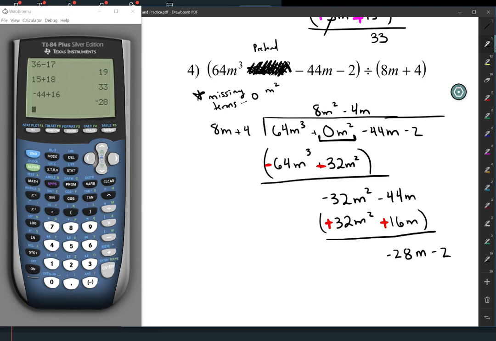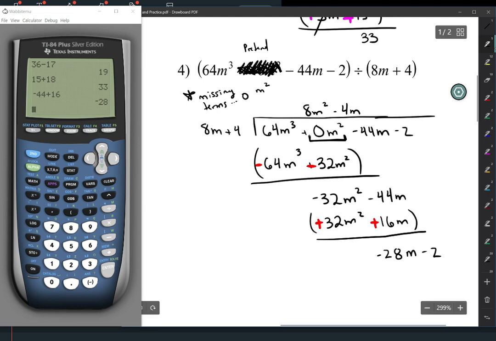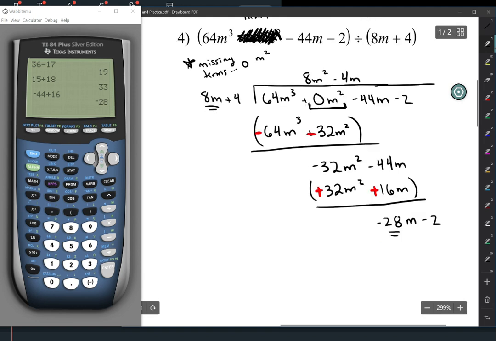Now, is there a way to go from 8 to negative 28 cleanly, without using a decimal? So we would actually have to stop here. 8 cannot cleanly go into 28, so we would have that whole piece as our remainder.